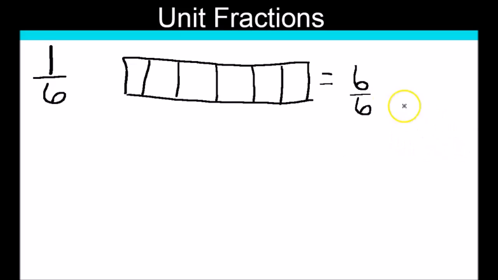Using or introducing the unit fractions to students using the tape diagram eliminates this misconception, because when I ask a lot of my 5th graders who are struggling learners, if the denominator is 6, what is the whole? They should be able to say 6/6, and a lot of them aren't able.